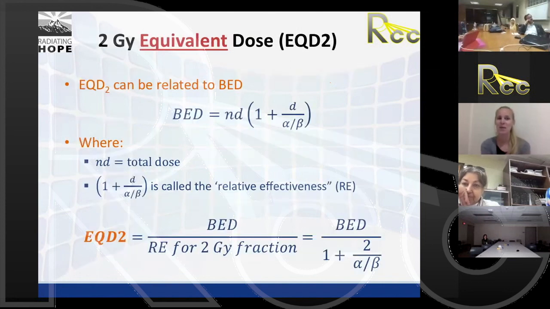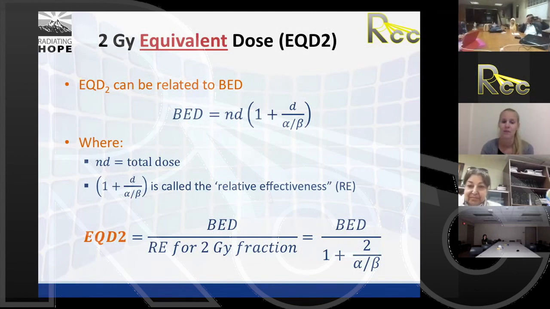So how do we equate this 2 gray equivalent dose, EQD2, I'm sure you've all seen that written somewhere before, to our biological effective dose? Here's our equation for biological effective dose. This part of the equation, 1 plus d over alpha beta, is called the relative effectiveness component.